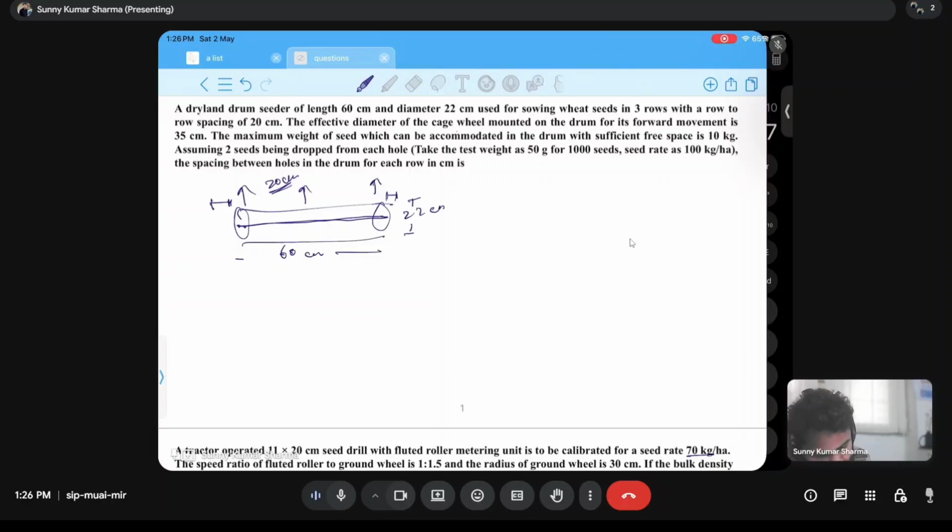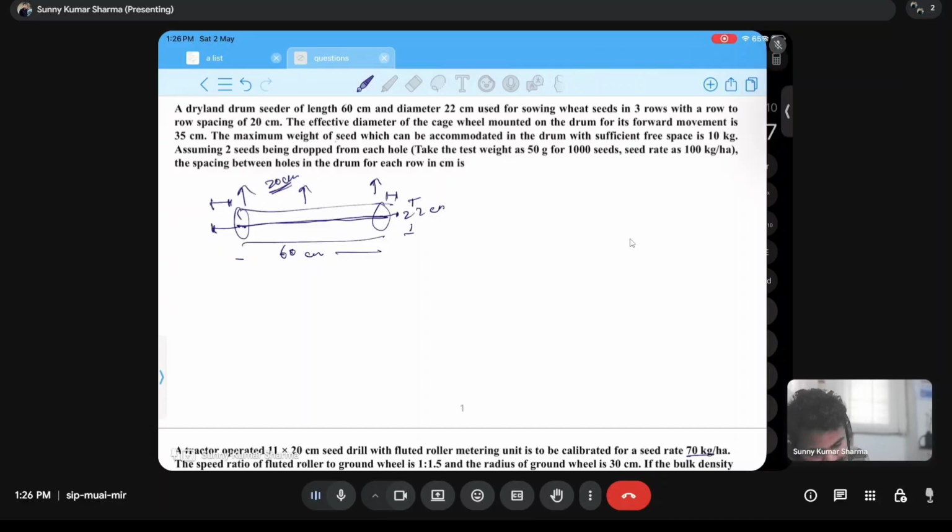The effective diameter of the case wheel mounted on the drum for its forward movement. As we have studied in theory lectures, there is a case wheel mounted in the drum seeder or any seed drill device, which helps to meter the seed and also helps in forward movement of the drum seeder.